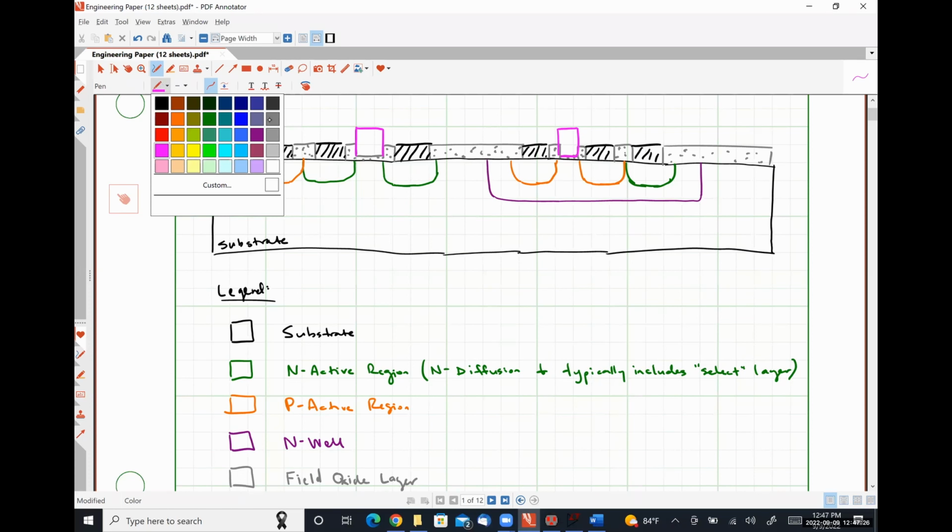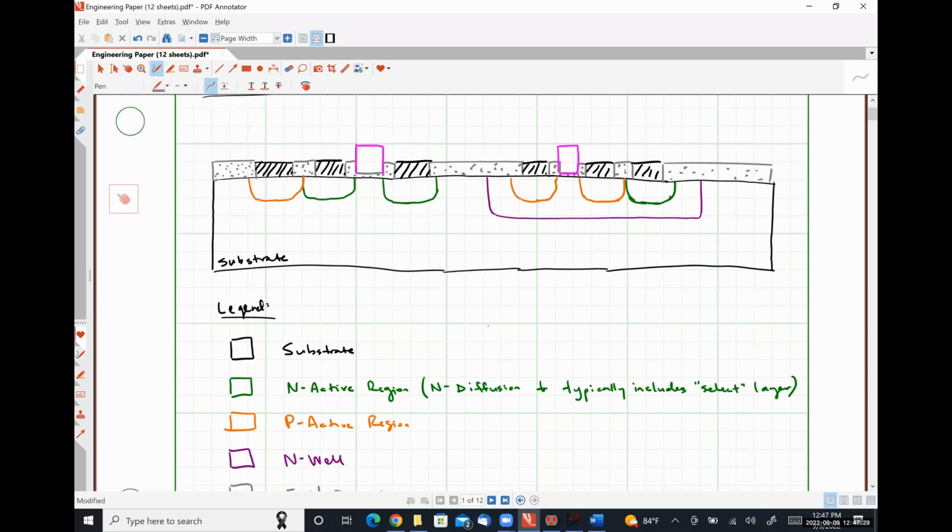Now, we're going to add on to our field oxide layer by effectively encapsulating polysilicon like so.